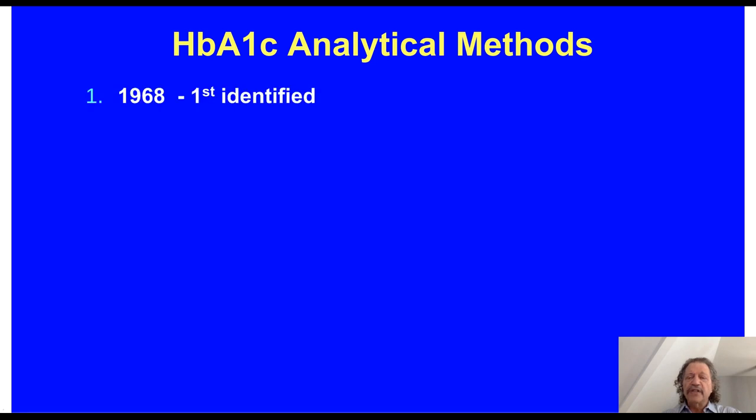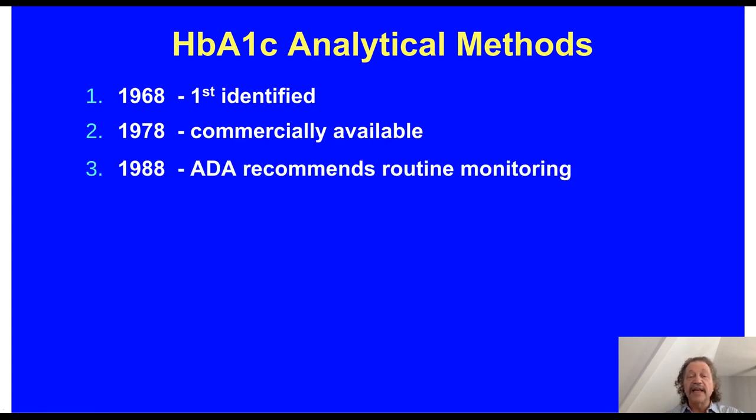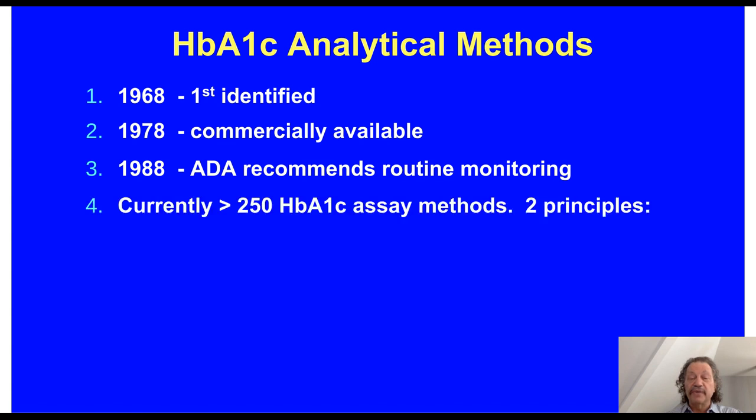Just briefly to go into the analytical methods. It was first identified in 1968 by Samuel Rabar, and then in 1978, assays became commercially available. In 1988, the American Diabetes Association, the ADA, recommended routine monitoring. Currently, there are more than 250 hemoglobin A1c assay methods, but these can be conveniently divided into two general principles.